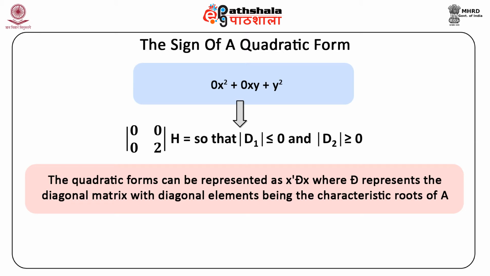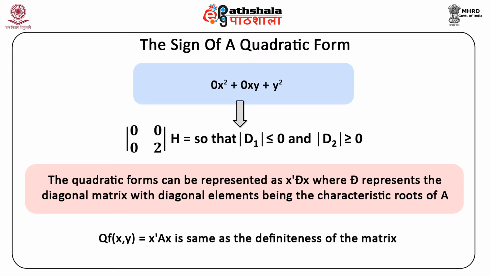The definiteness of any quadratic form Q, a function of x, y, equal to x prime Ax, is the same as the definiteness of matrix A. The following general result comes in handy.